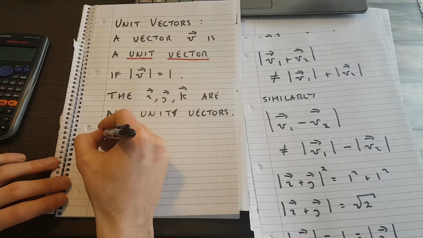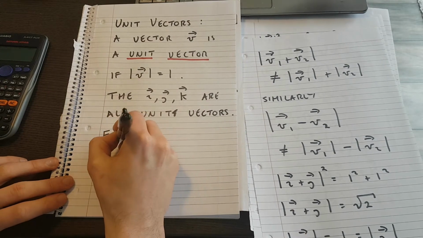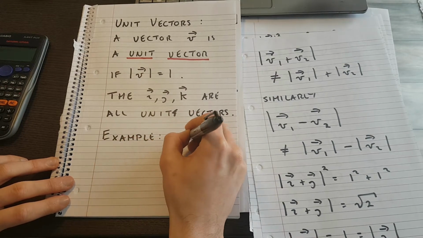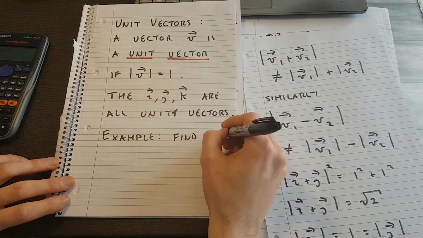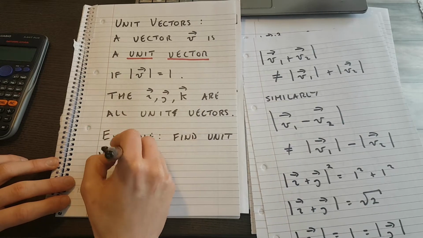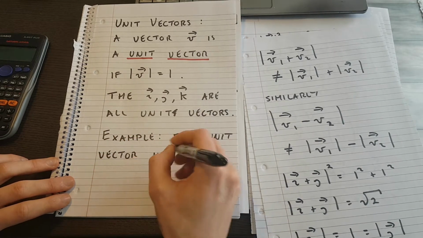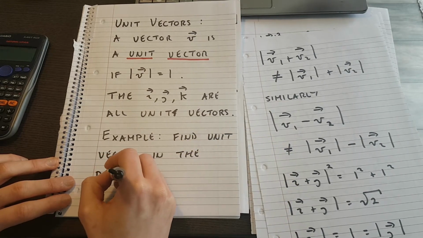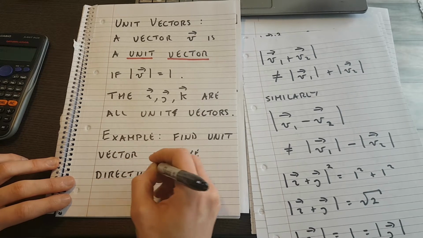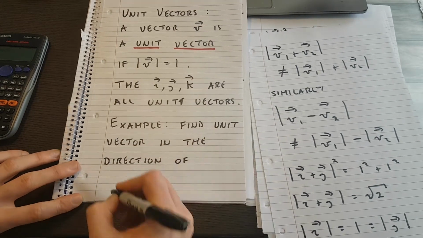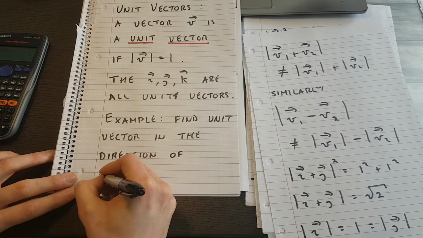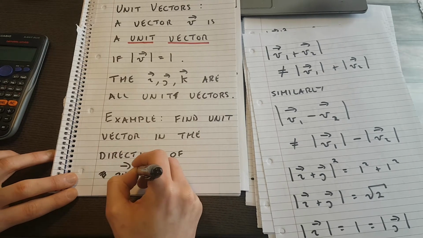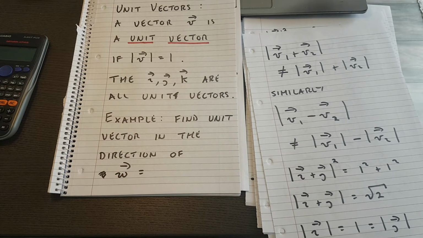Okay, so say I have an example here. Find a unit vector in the direction, and I'm going to say here that we'll call this vector W. W is the working vector, the one I'm working with.